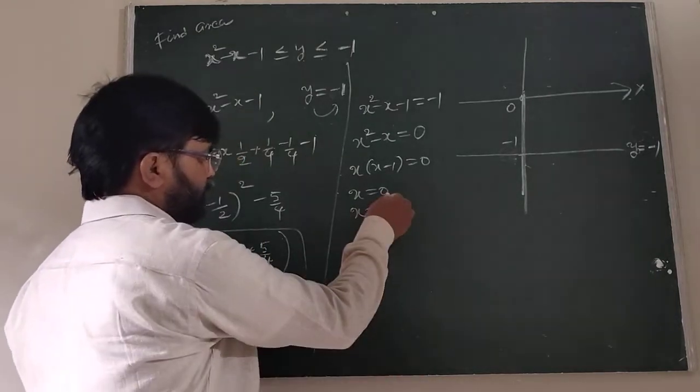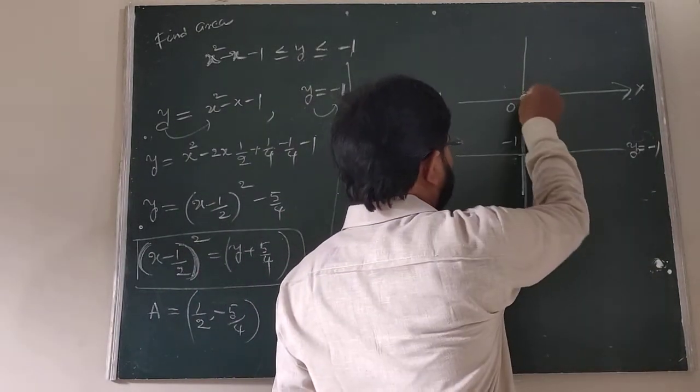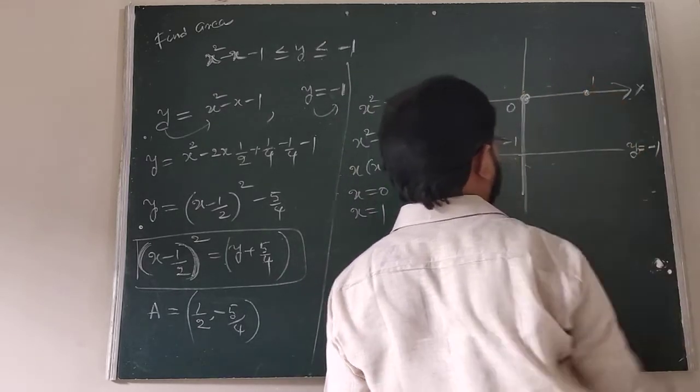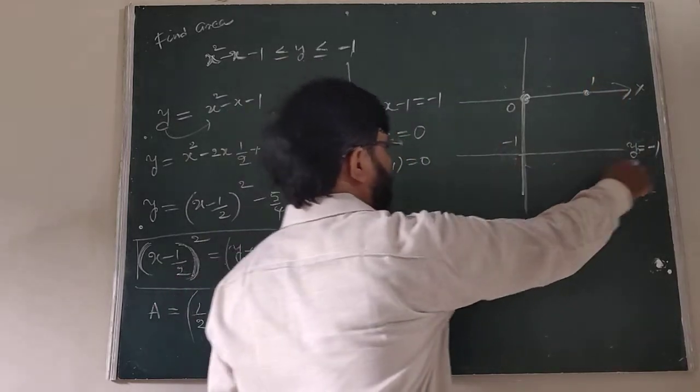Students, you must take x equals 0 and x equals 1. Undoubtedly we can draw the graph, y equals minus 1 is this one.